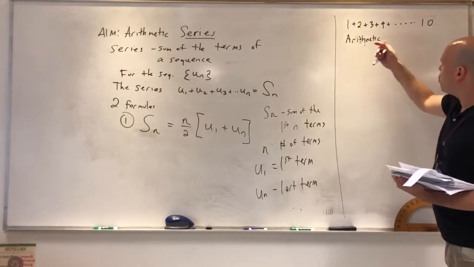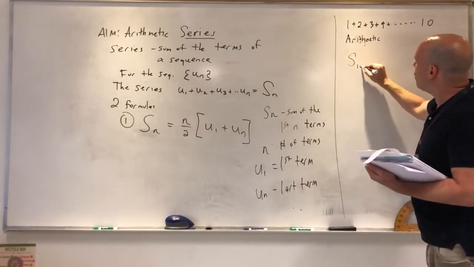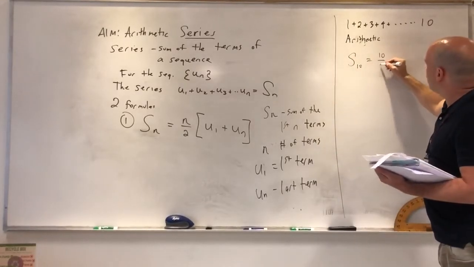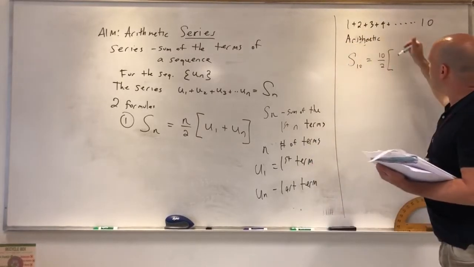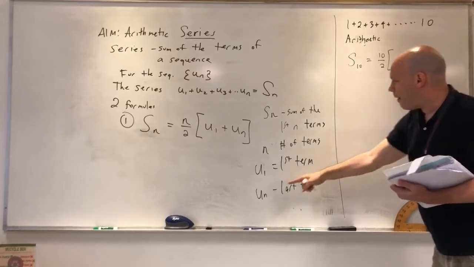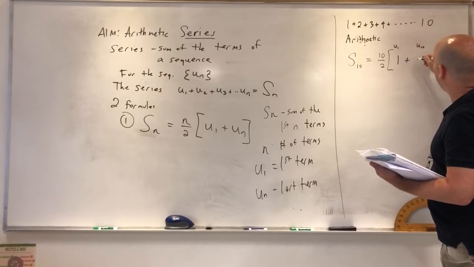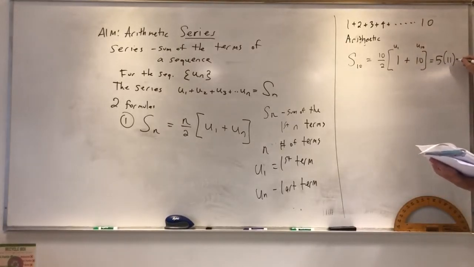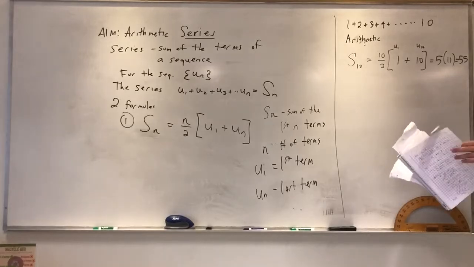We're looking for the sum of the first 10 terms, so n is 10. My first term is 1, my last term is 10, so u of 1 plus u of 10, and we get 5 times 11, or 55. That's basically it. Let's try another problem.